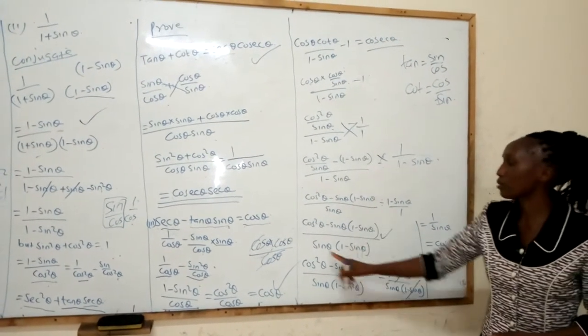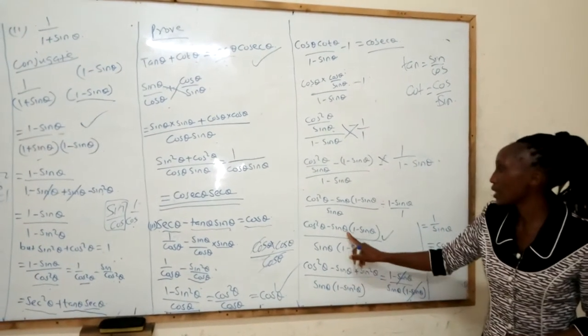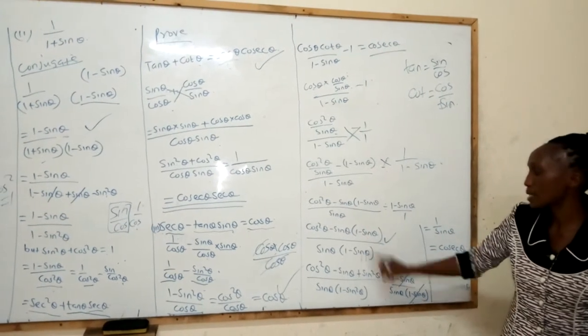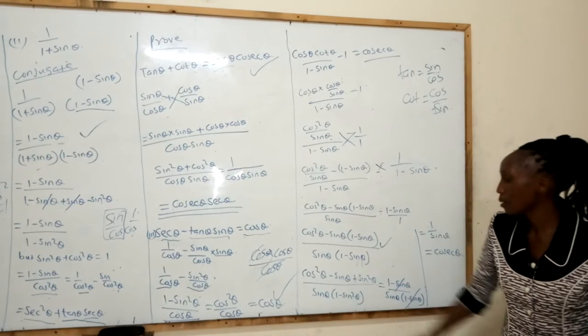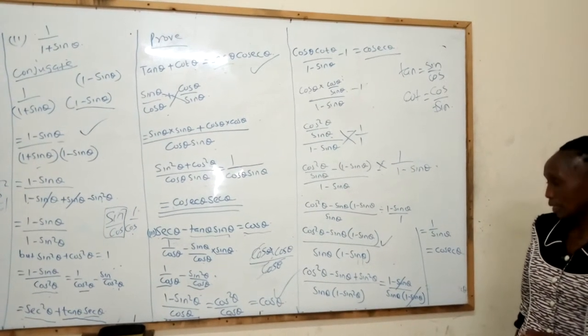Let's open the bracket. It is cos squared minus sine theta, minus, it will be plus sine squared theta, over sine theta times 1 minus sine theta.